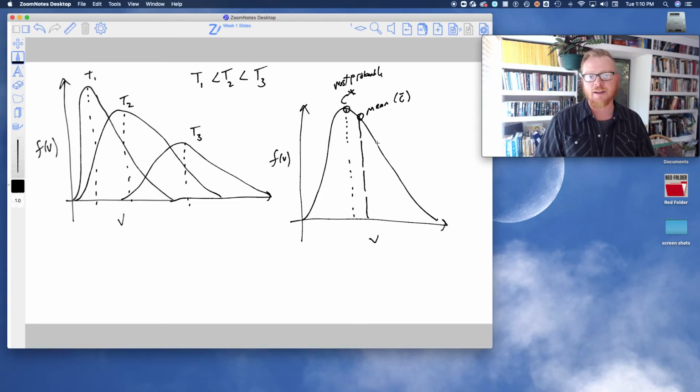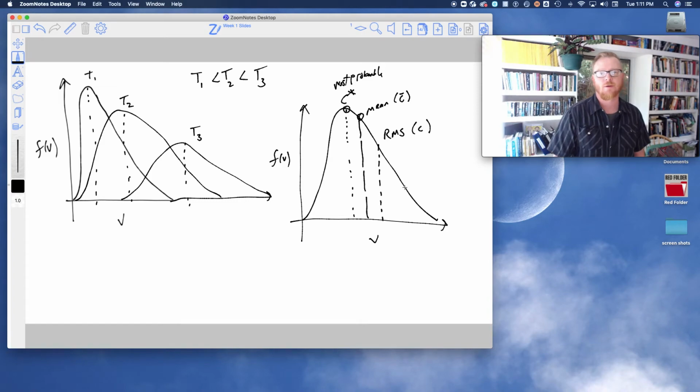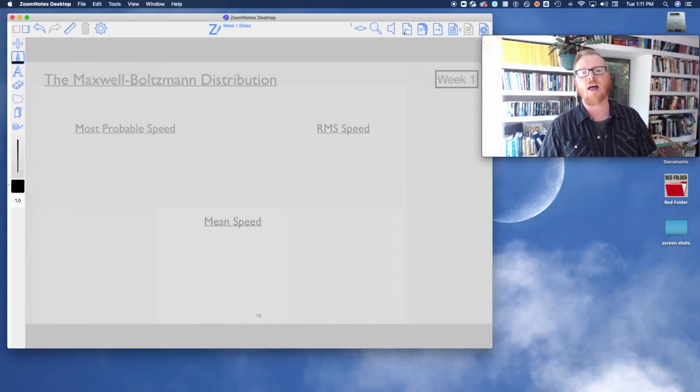And then finally, out here at an even higher velocity would be the RMS, which is the root mean square. We'll spend a lot of time talking about RMS. I'm going to back up one slide here.